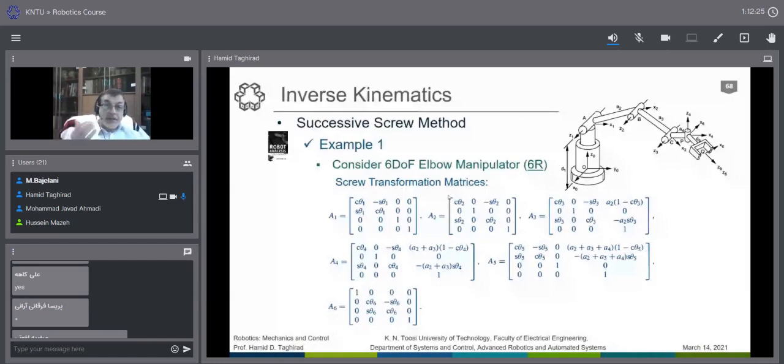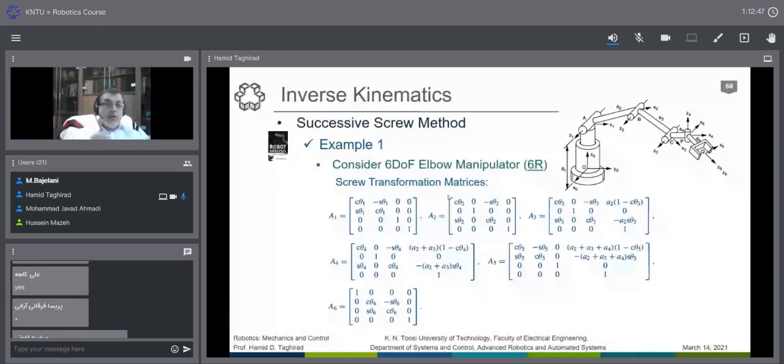When I was a student, going back 30 years ago, in 1991, there was only the Pieper solution available.